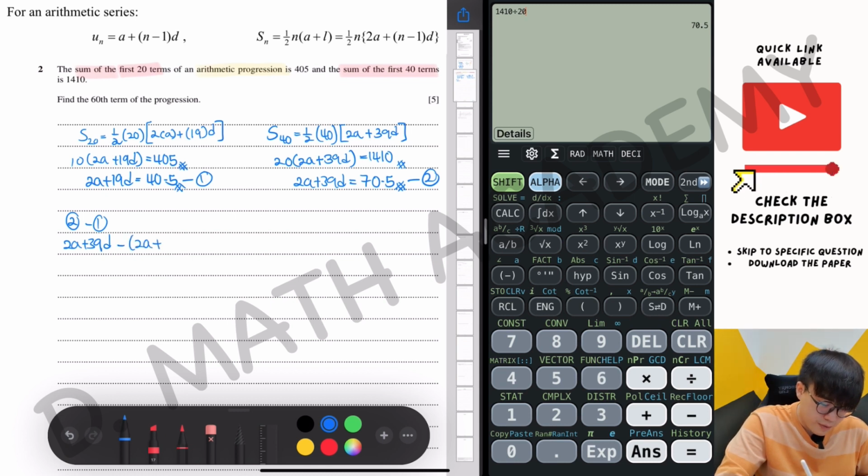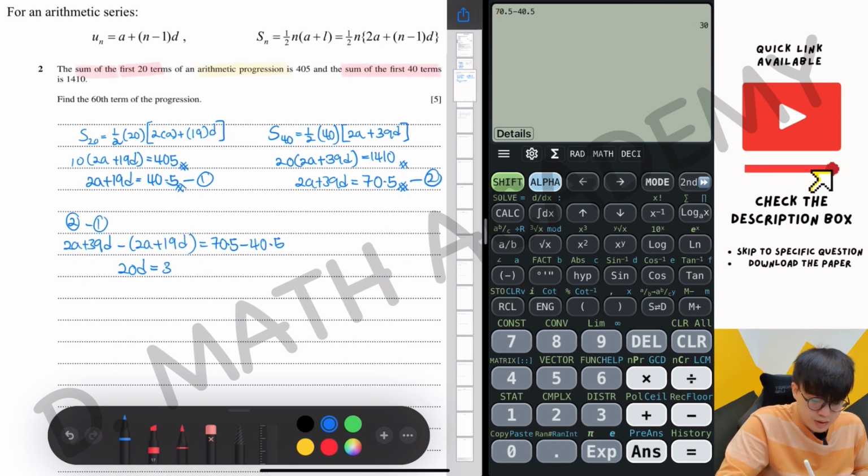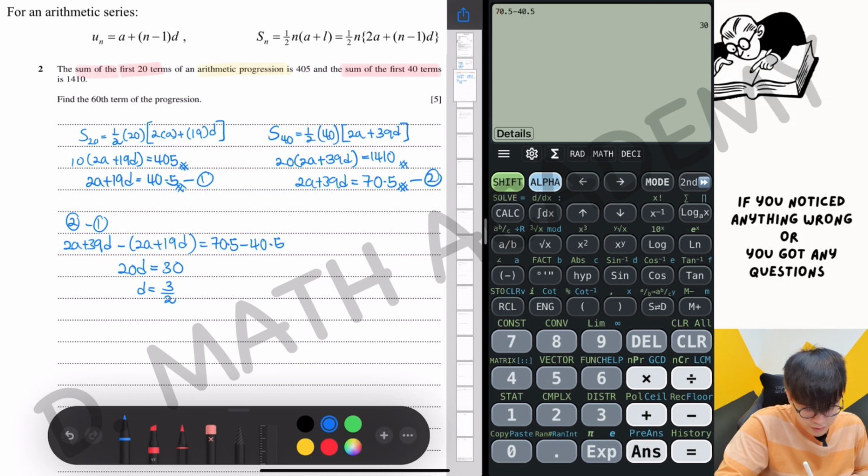Minus off 2a plus 19d. So you will get your final answers of 20d and also this is 30. So d of this will be 3 over 2.